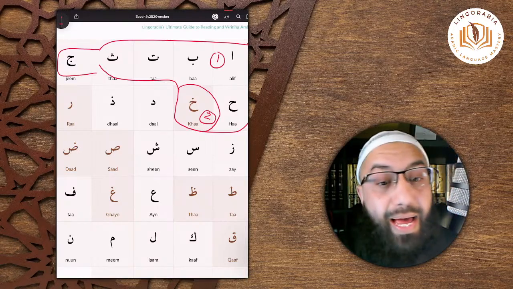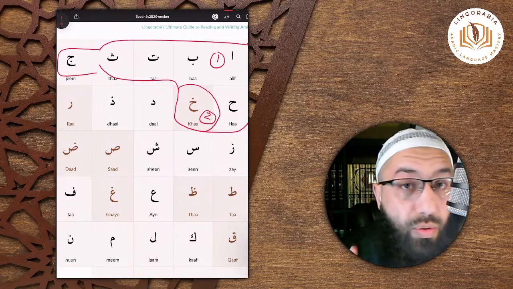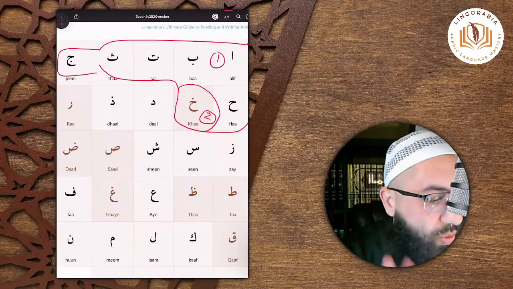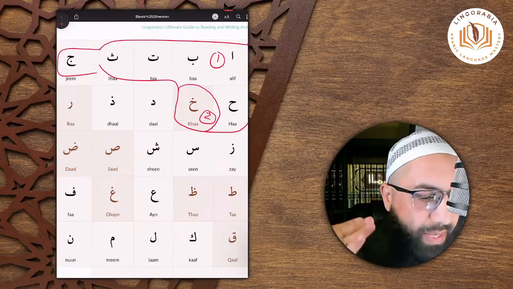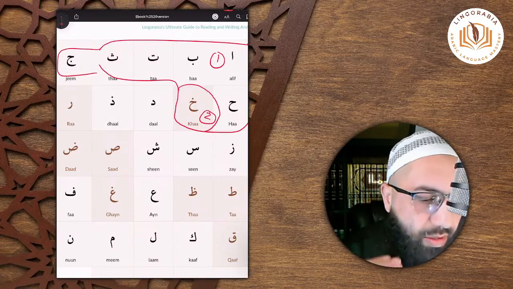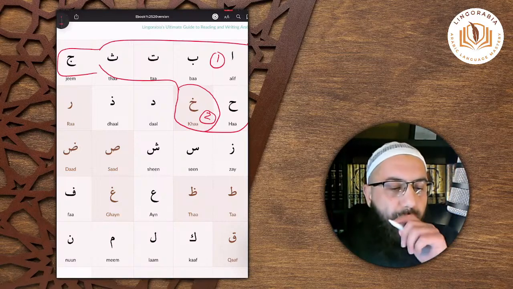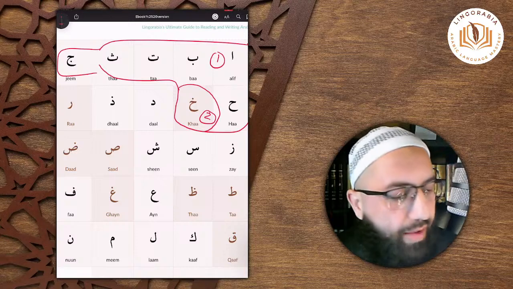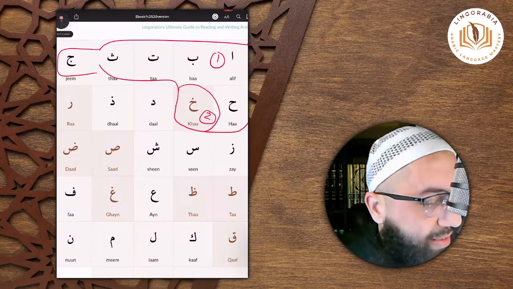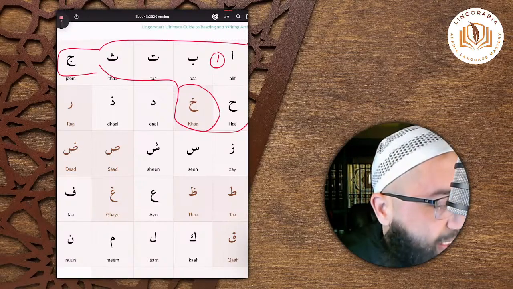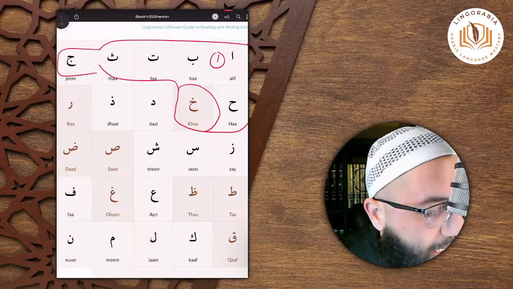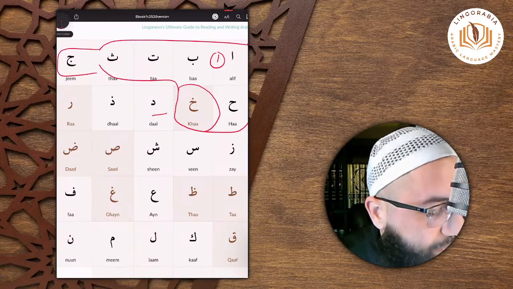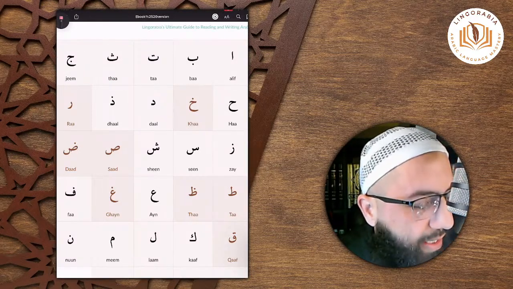Yeah, the ha is a throat letter, and the kha is a throat letter as well, so there are two throat letters, depending on the level of it. So pudding and Ammar have the correct answer: the kha is a heavy letter, and all the other letters are soft letters.